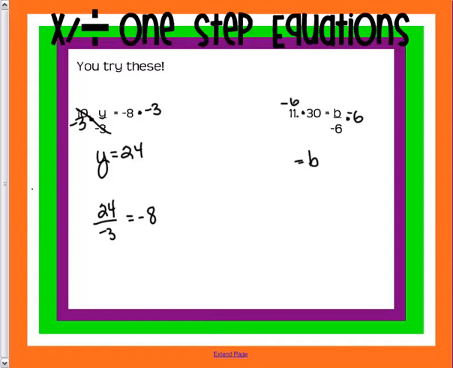So b is the only thing left on this side, and 30 times 6 gives me 180, but it's a negative because a negative times a positive is a negative. So if I plug in a -180 divided by -6, a negative divided by a negative is a positive, and 18 divided by 6 is 3, so 180 divided by 6 would be 30. So it works. And this one worked too.